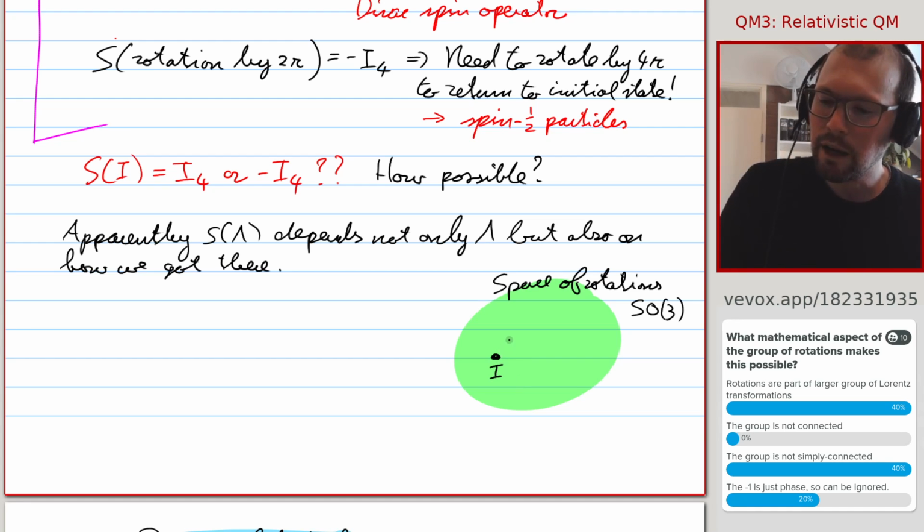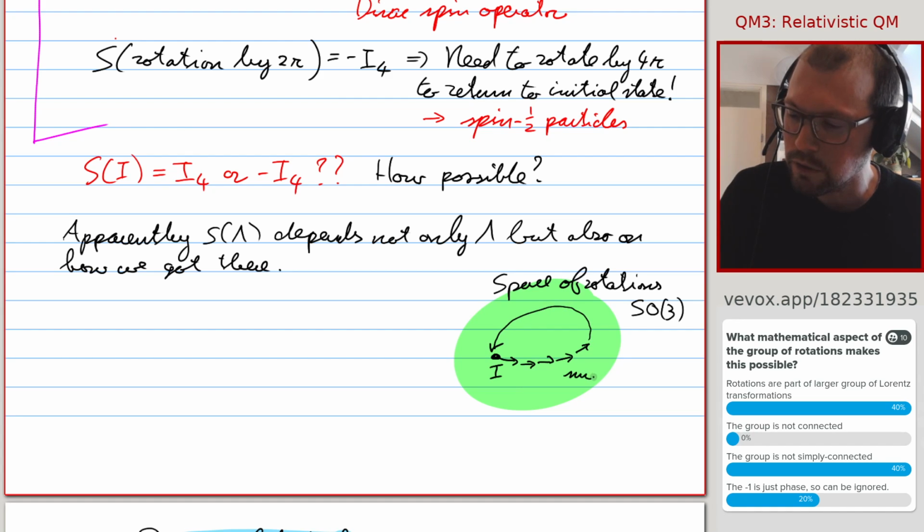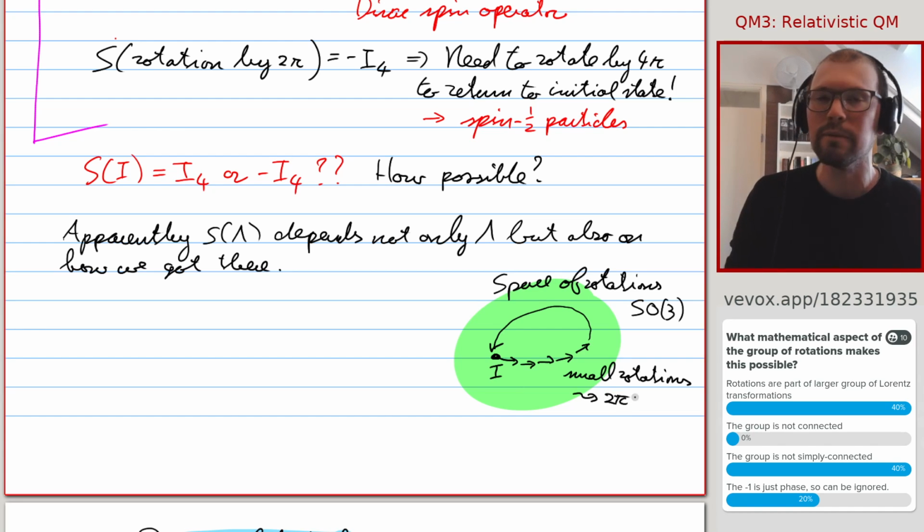And how did we get to this rotation by 2 pi, which is still the identity transformation? Well, we composed many, many small rotations, small rotations that add up to an angle of 2 pi to get back to the identity Lorentz transformation.